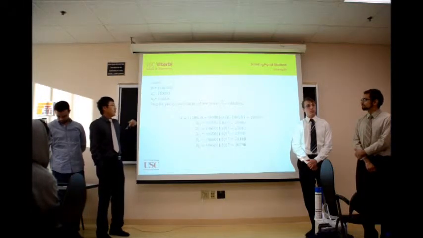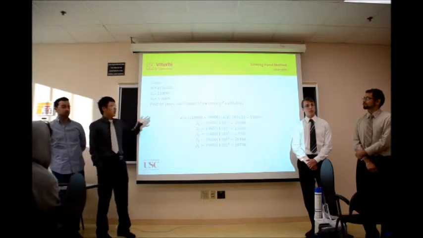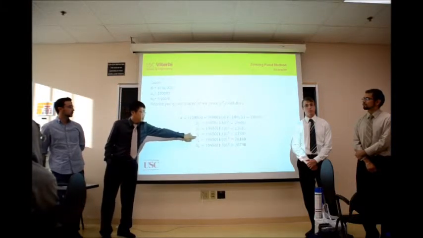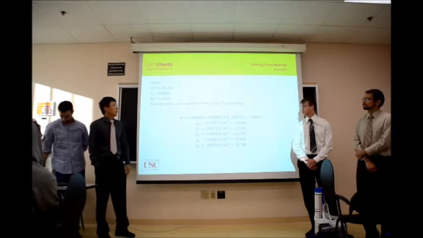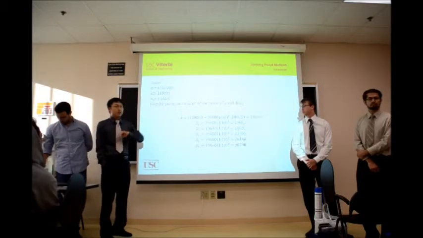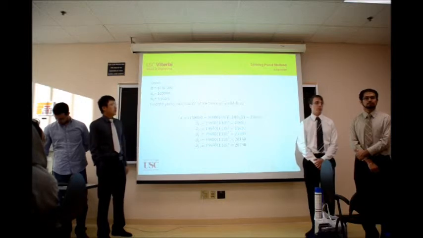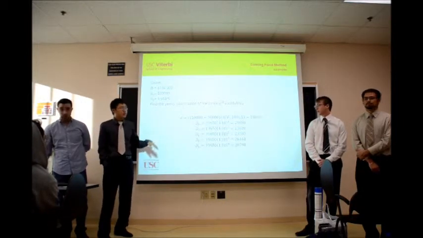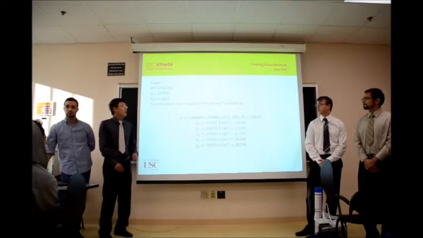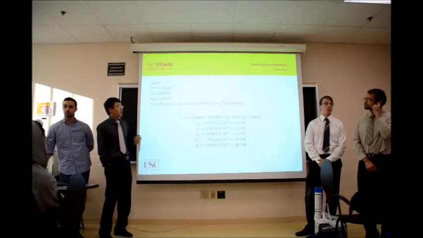And then, based on the equation, we can calculate the depreciation in each particular year. As we can see, the depreciation increases as the years go by. So it's a totally opposite situation when we consider the interest rate.